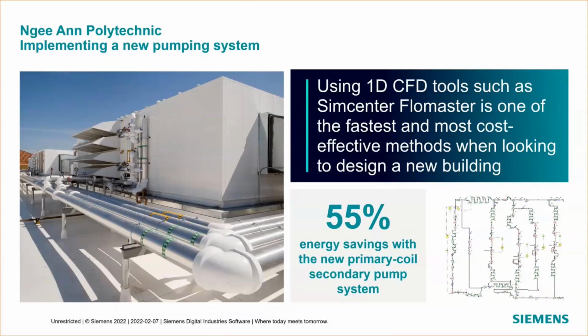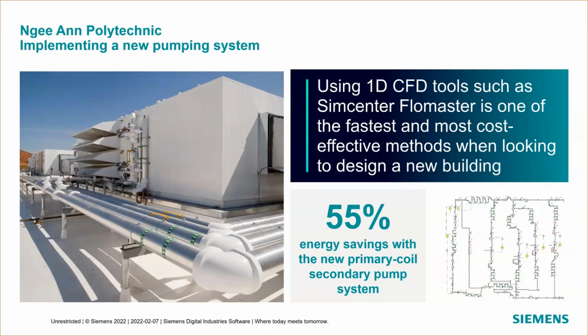The possibility to rapidly explore designs allowed him to find an optimal design that could achieve 55% energy savings in the new primary coil secondary pump system. So here, by using the static solver early, we managed to save a lot of energy by optimizing our design.